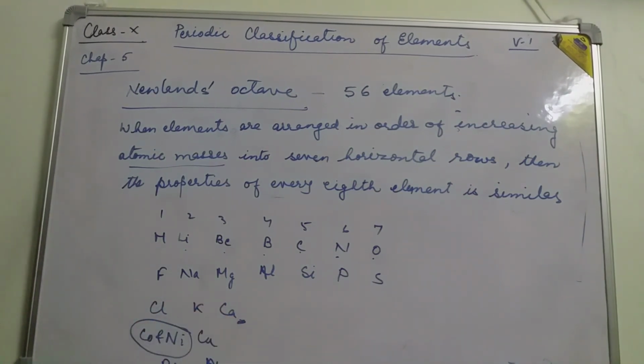There are some demerits present in it. After the calcium, he arranged chromium, thallium, manganese, iron, whose properties are now not similar to the rest of the elements present in the groups.